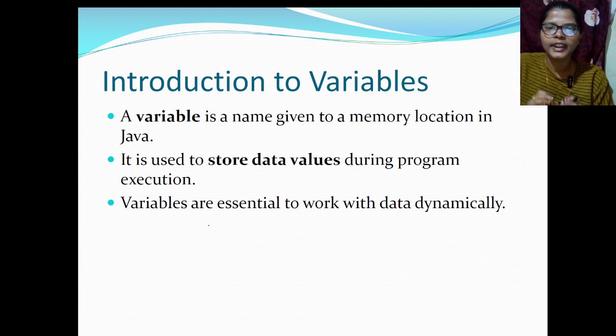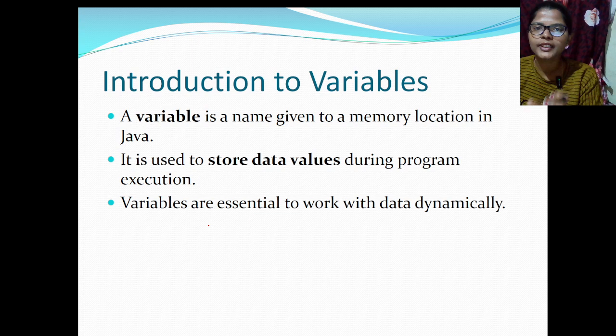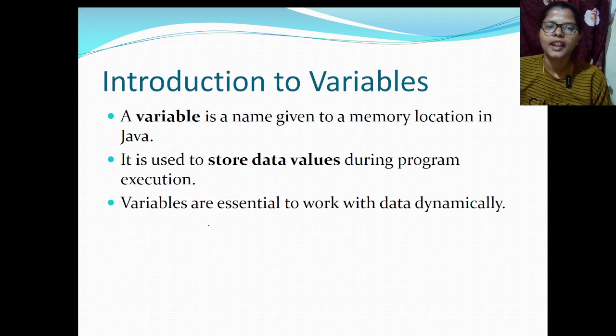To identify a person, we give names to ourselves. In the same way, a variable is an identifier to identify the data in memory. So what does it store? It stores the data values during program execution.